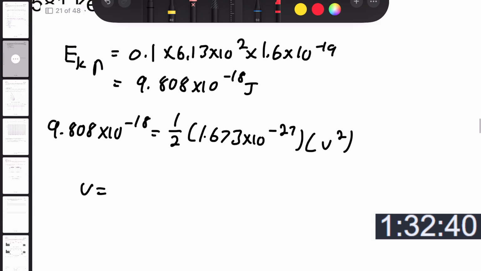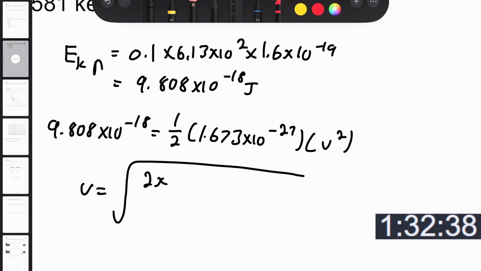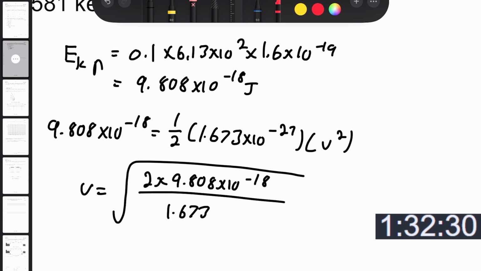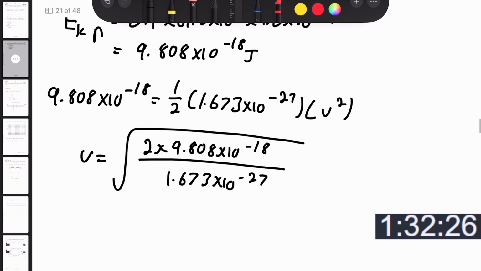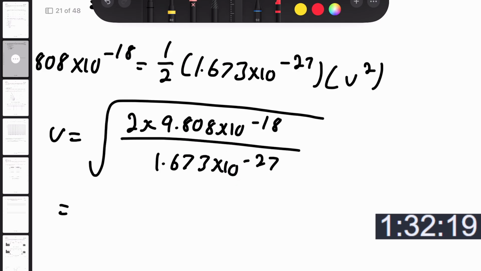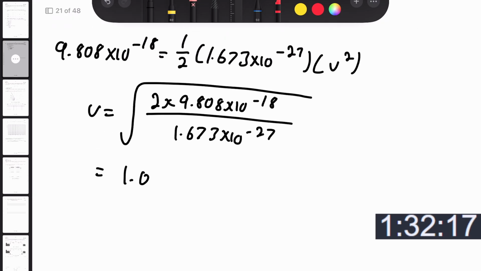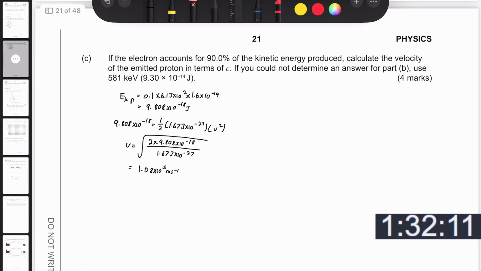So the velocity is the square root of 2 times 9.808 times 10 to the negative 18 over 1.673 times 10 to the negative 27. That is 1.08 times 10 to the 5 meters per second.